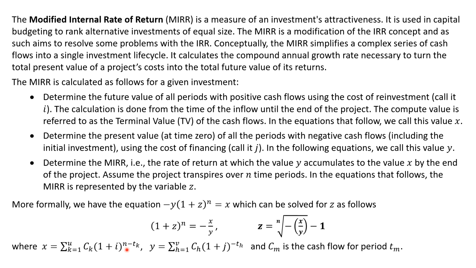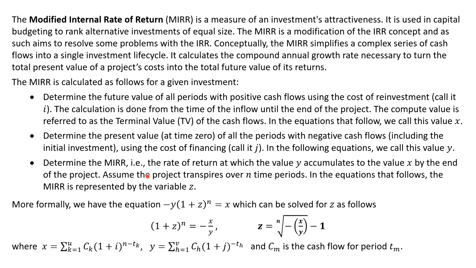So that's our X. And then Y relates to the negative cash flows. We want to compute the cost of those if we had to finance them at a rate J, and that was discounted back to the start of the project. So that's what this summation here is.